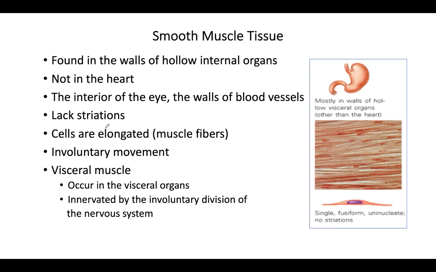No striation. Cells are elongated and tapered. Tapered means the edge becomes narrower. They also engage in movement involuntarily.